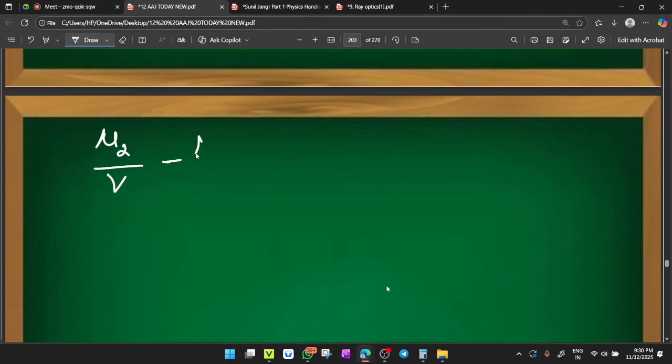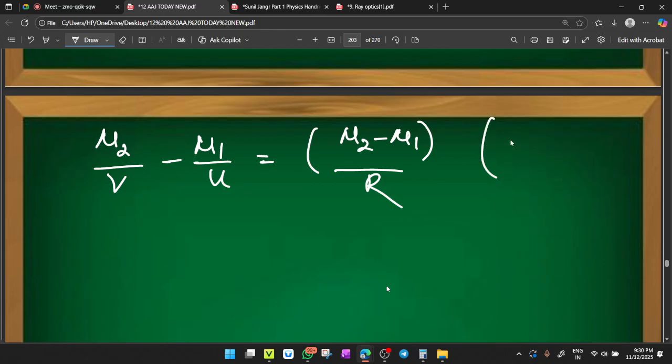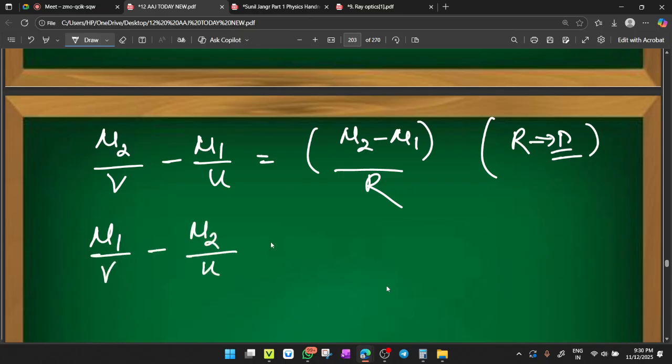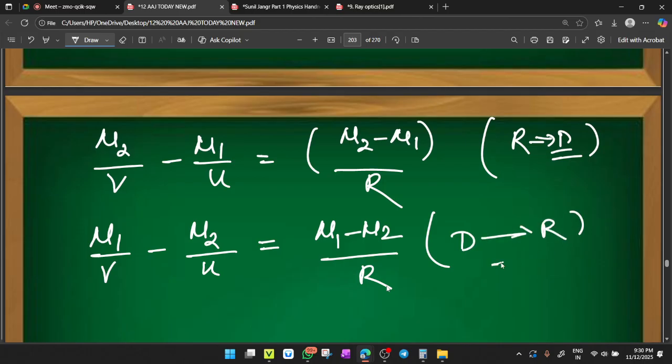Mu2 upon V minus mu1 upon U equals to mu2 minus mu1 upon R is for rarer to denser. And mu1 upon V minus mu2 upon U equals to mu1 minus mu2 upon R is for denser to rarer.